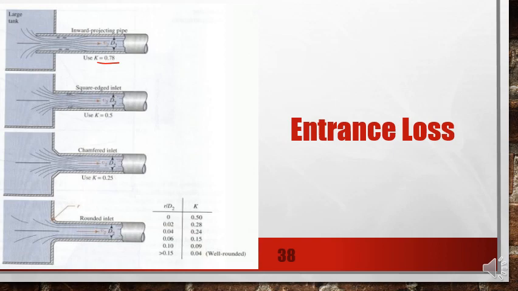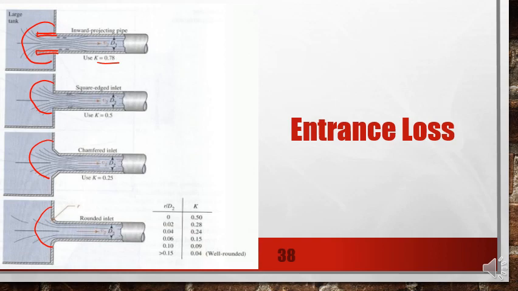If you look at all of these, you can notice that the difference is at the entrance point here. So when do we call it an inward projecting pipe? If you look here, it has some extra pipe which goes inside the tank area.